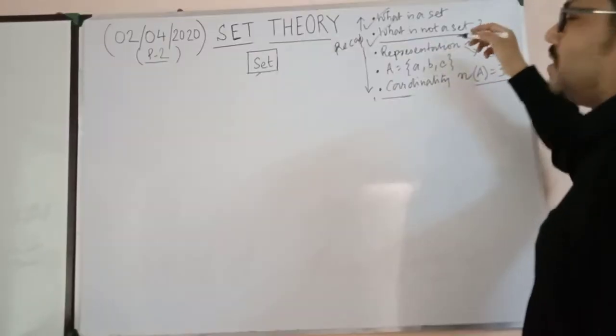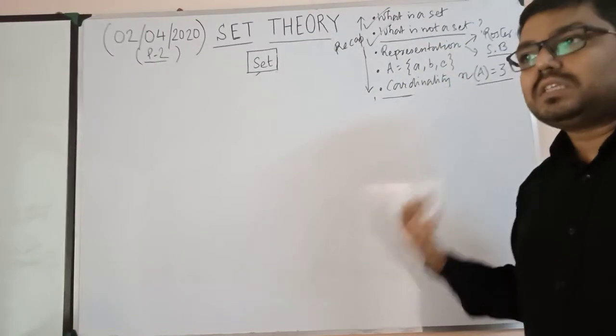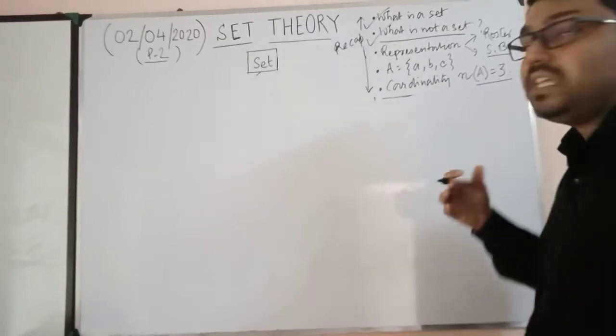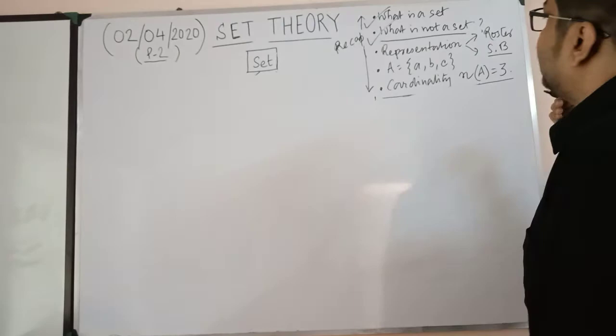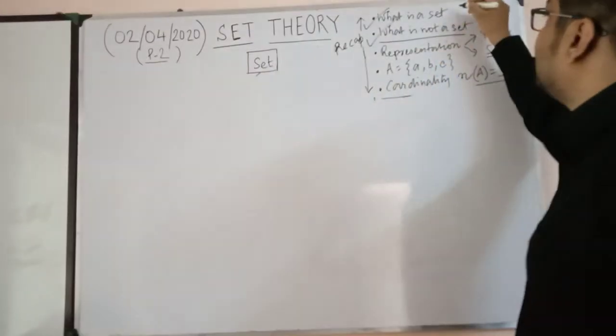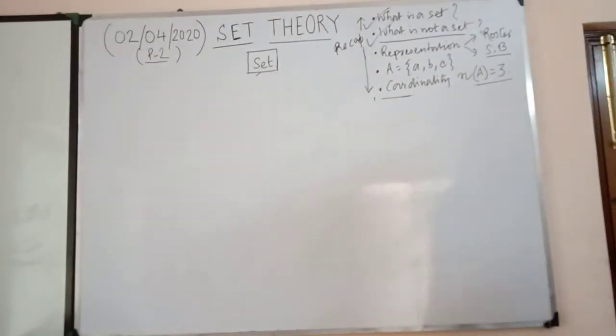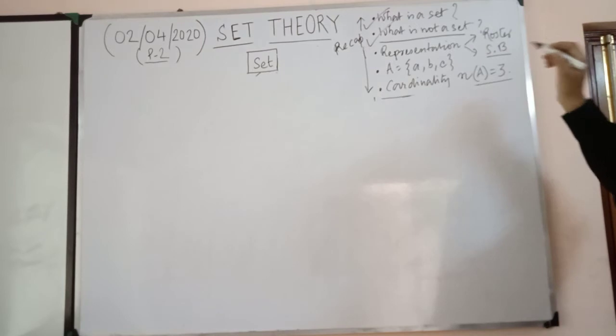Mainly what is not a set, we discussed that where the answer is not fixed, where the answer becomes variable, those things are not a set. And after that, we learned the representations also. Mainly we did the roster form and the SB, the set builder form.